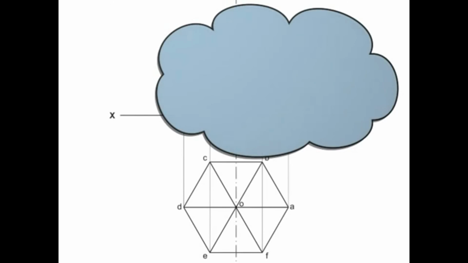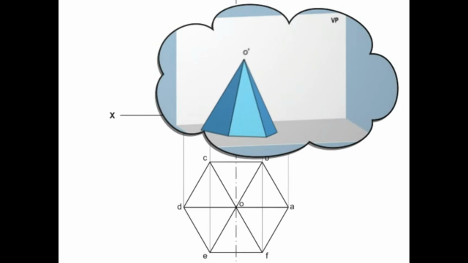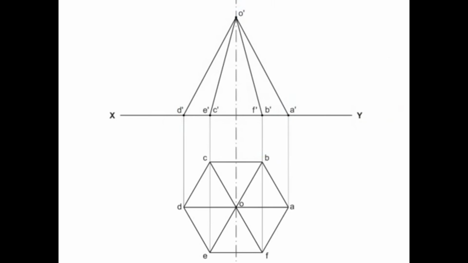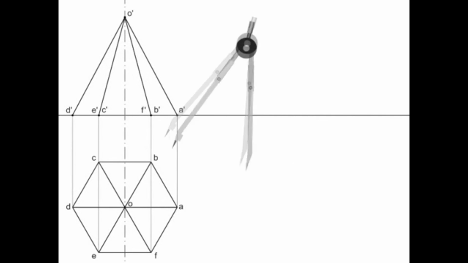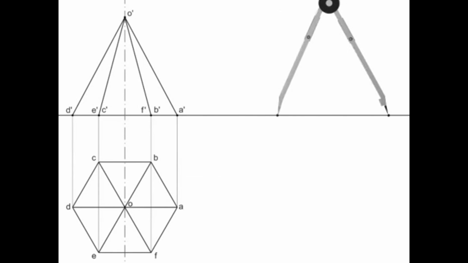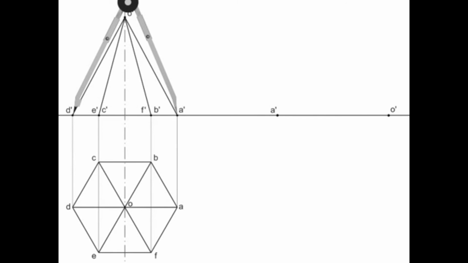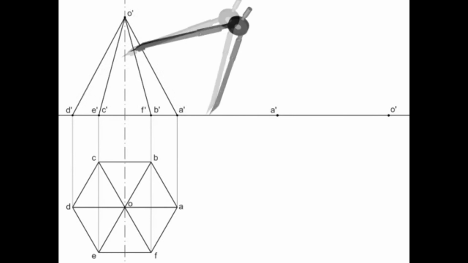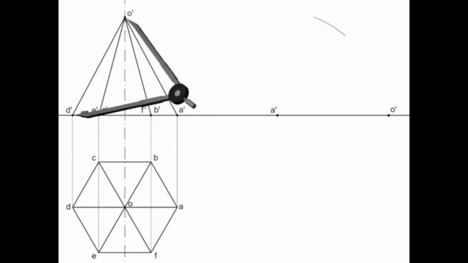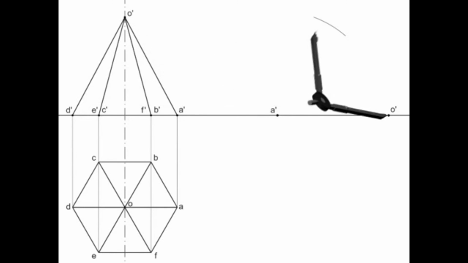Now we will consider the elevation of the pyramid such that the apex is on the XY line. For this, take the length of line A', O' and mark it on the XY line. Similarly, taking the measurement from the previous elevation, locate point D' from A' and O' by drawing arcs.